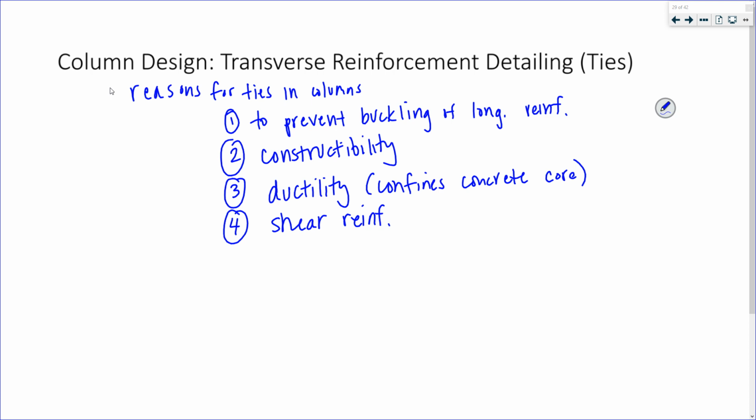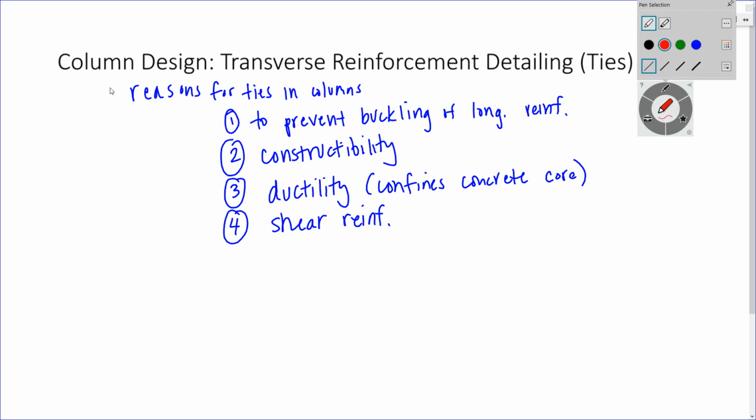The main purpose is to prevent buckling of our longitudinal reinforcement.